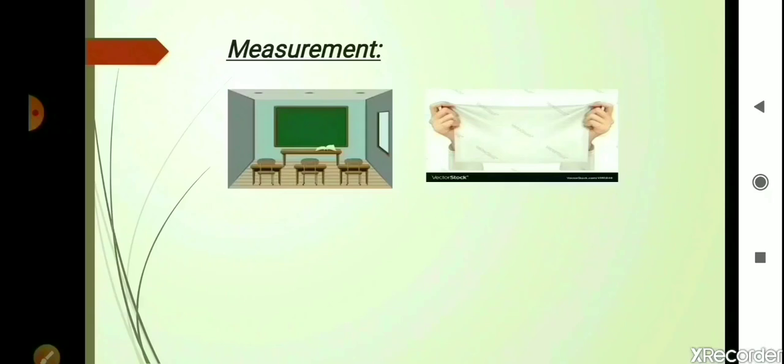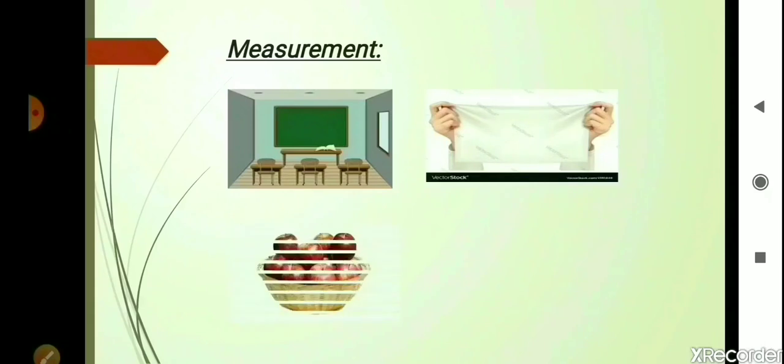Now the tailor also needs to take the personal measurements of ours to stitch the fabric. If we go to vegetable vendors or fruit vendors, we need to specify how many kgs of fruits or vegetables we need. So we'll have to mention like we need 4 kg of apples or 2 kg of some other eatables.